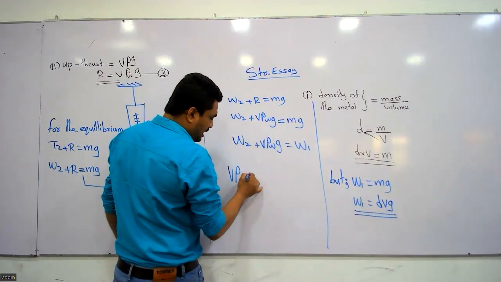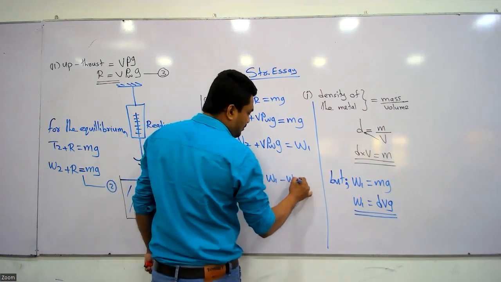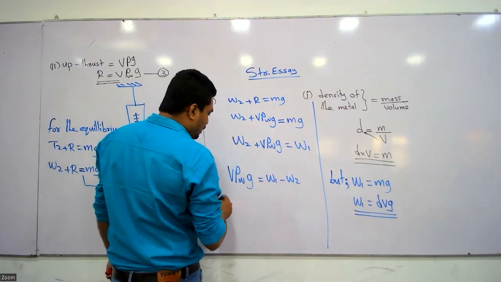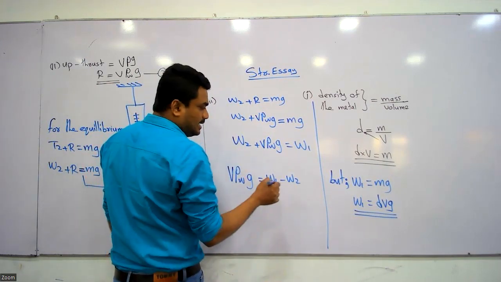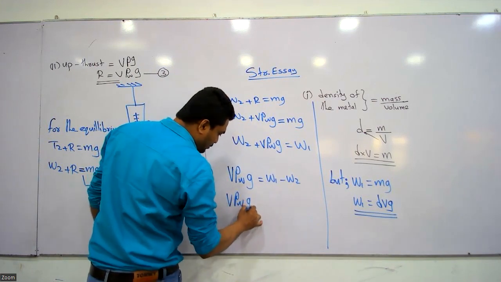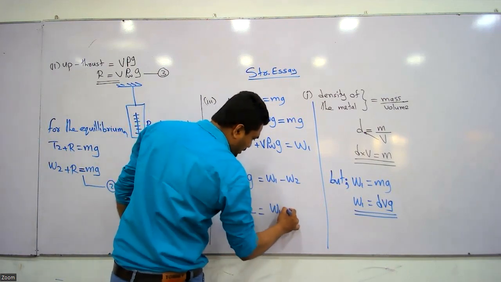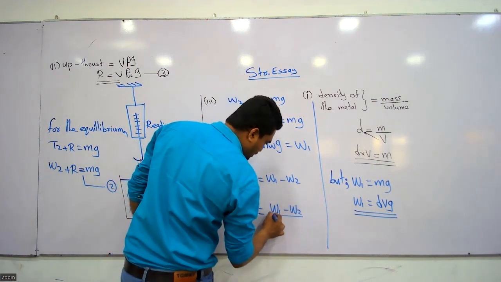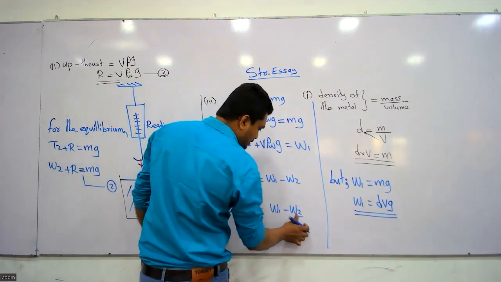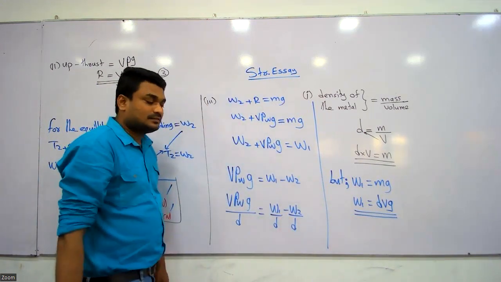V rho WG equals W1 minus W2. Am I right there? Now I'll divide all the terms by density of the metal D. V rho WG divided by D equals W1 minus W2 divided by G. Now we have done like this. Clear?